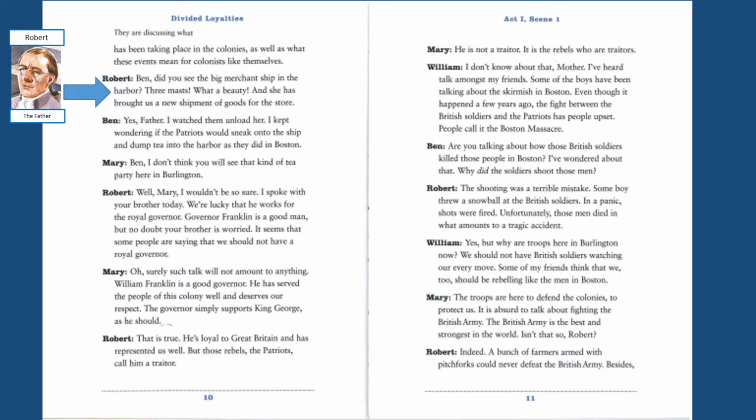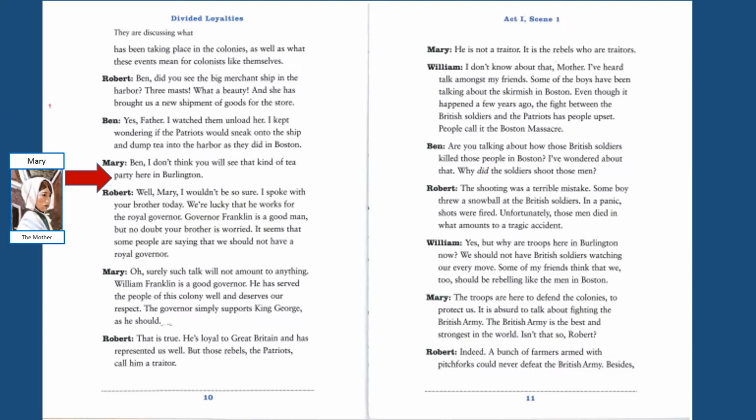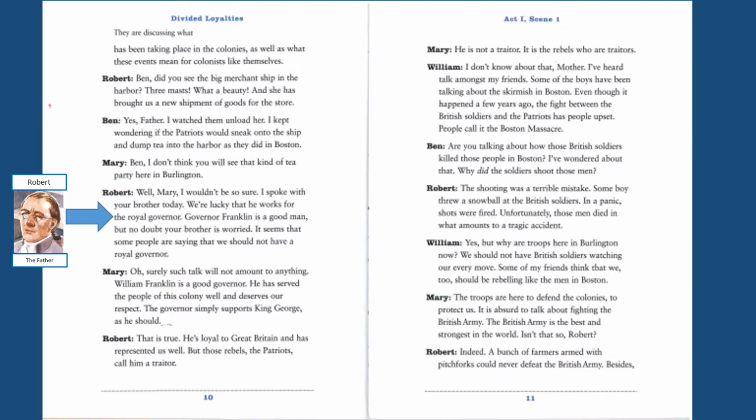Ben, did you see the big merchant ship in the harbor? 3 masts! What a beauty! And she has brought us a new shipment of goods for the store. Yes, Father, I watched them unload her. I kept wondering if the Patriots would sneak onto the ship and dump tea in the harbor as they did in Boston. Ben, I don't think you will see that kind of tea party here in Burlington. Well, Mary, I wouldn't be so sure. I spoke with your brother today.